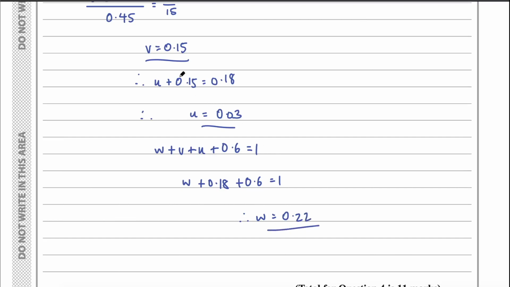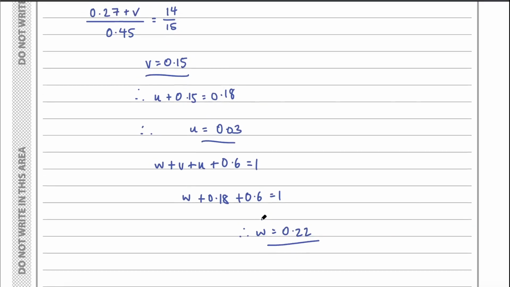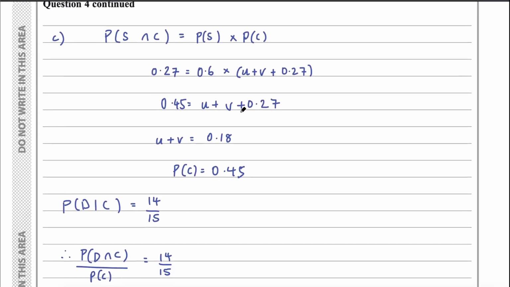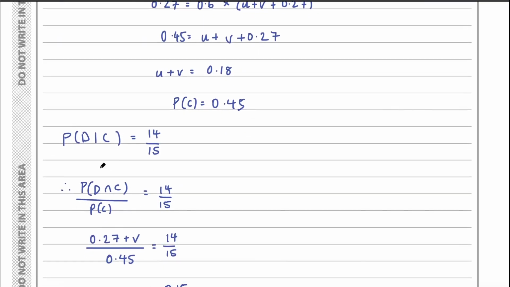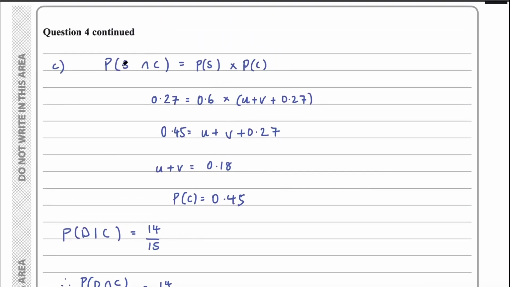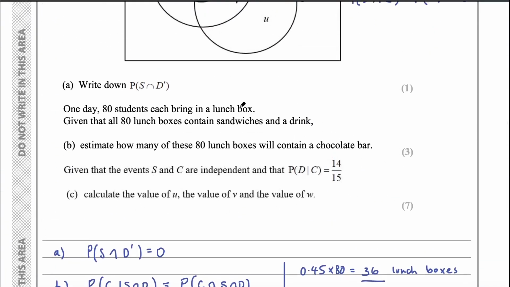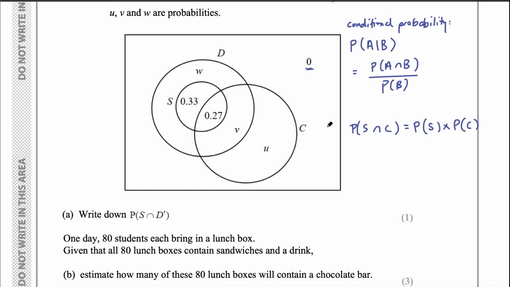Okay, so there's V, U, and W, using a couple of ideas of probability. So we used that conditional probability formula and the idea that independent events multiply to give the intersect. Okay, that was part C for 7 marks, part B was 3 marks, and part A was 1 mark.